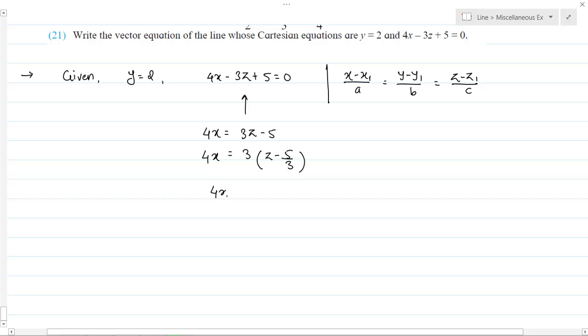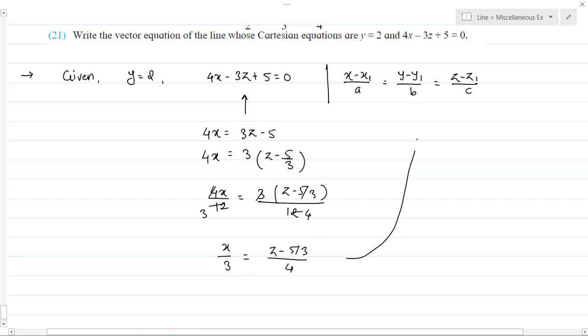So 4x by 12 is equal to 3 into (z minus 5 by 3) whole divided by 12. The 3 and the 4 go down, so x by 3 is equal to (z minus 5 by 3) upon 4.